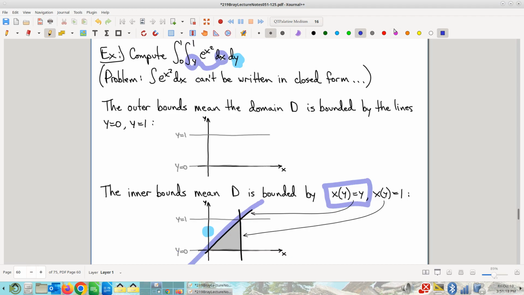And it says right here that x ends when x is 1. That's that curve. And so, you just write that down and document it on your picture, and here's your domain.